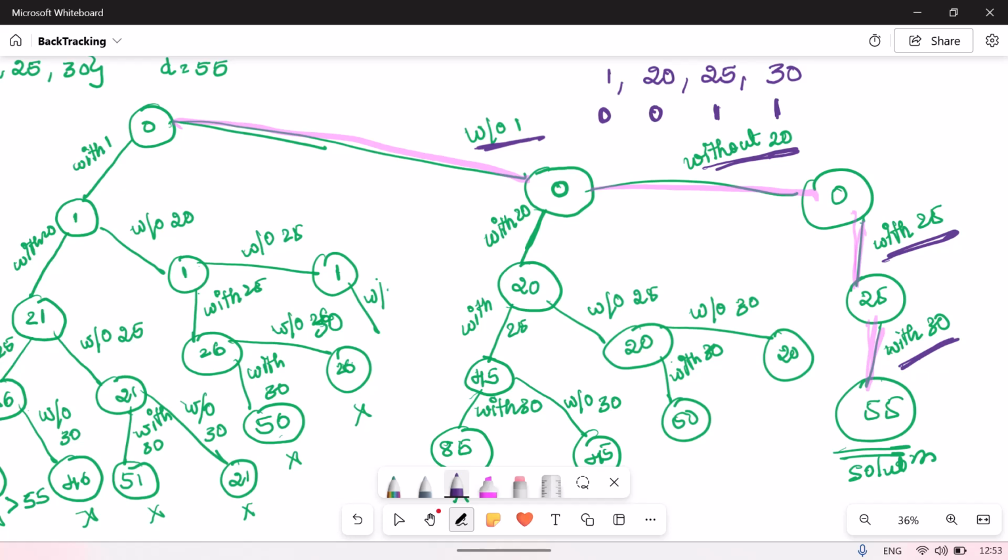Hamiltonian cycle means we start at a given vertex, visit all the other vertices exactly once and come back to the original vertex where we have started. And there is subset problem. That is, there will be some elements given in the set and you will have a value that you will have to fulfill by doing the combination of these elements. That is subset problem.